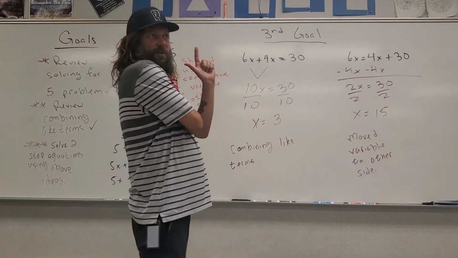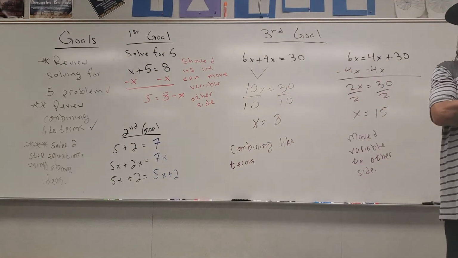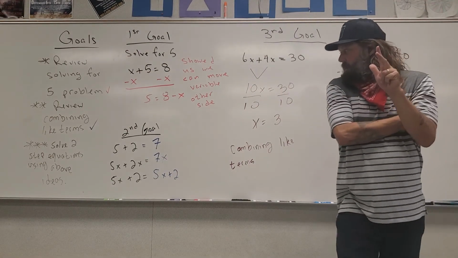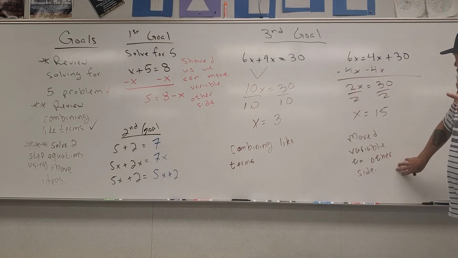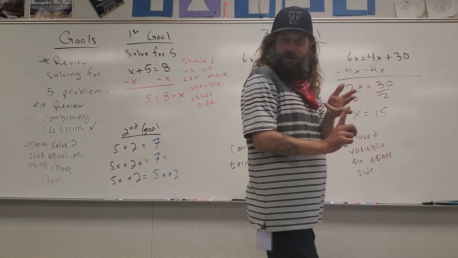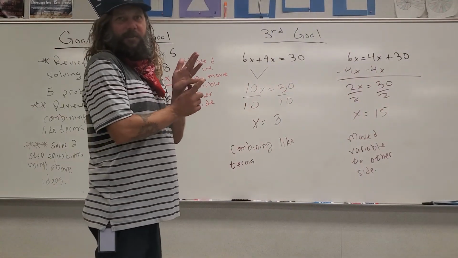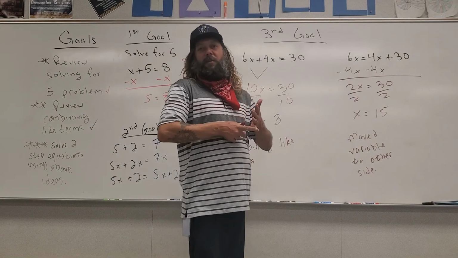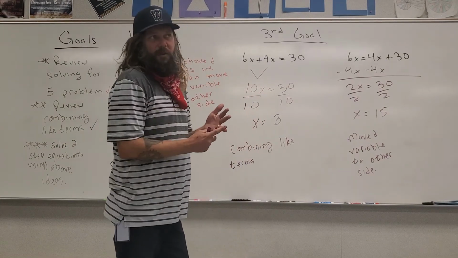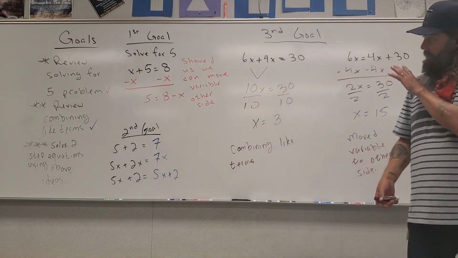Step 2 is to combine like terms on each side of the equal sign. Step 3 is to get all variables to one side of the equal sign. Step 4 is to add or subtract away a number from the variable side of the equation. And step 5, as we've seen, is to divide away a number with the variable. If we follow these 5 steps, we should be able to solve most any linear equation.